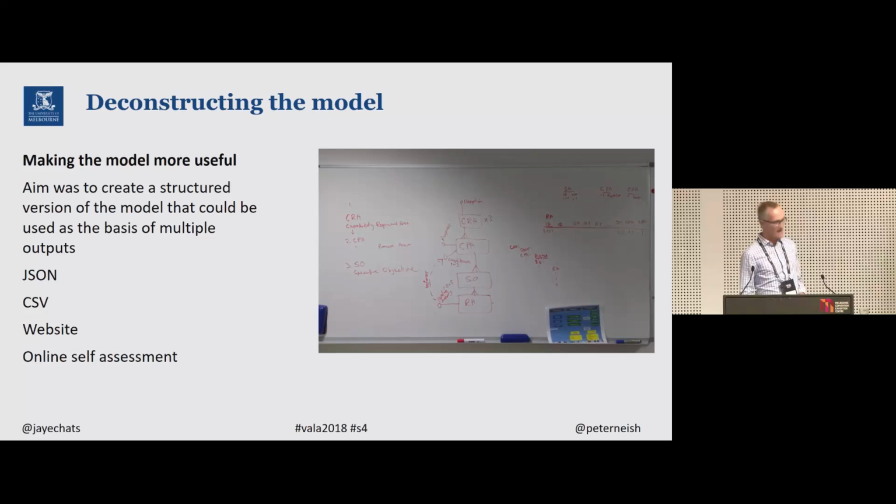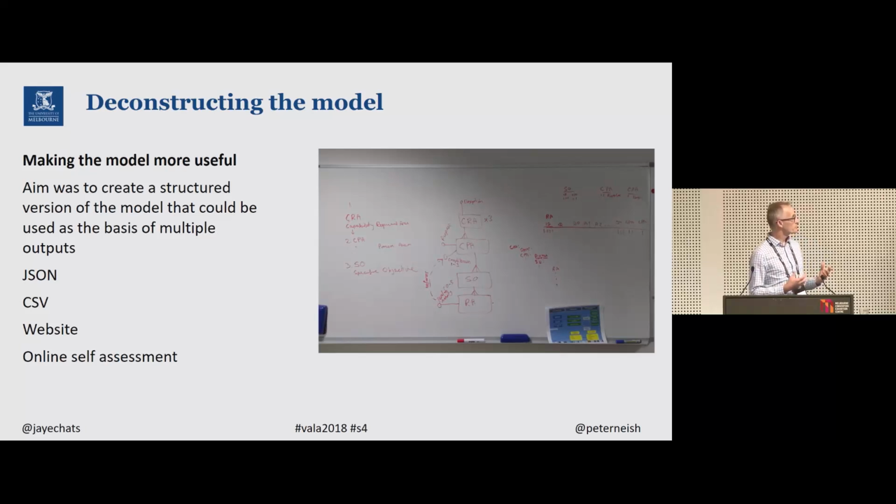It's great. And what we wanted to do was actually take that fairly complicated model and structure and turn it into structured data. So we wanted to be able to extract the data and be able to provide multiple outputs in multiple formats.